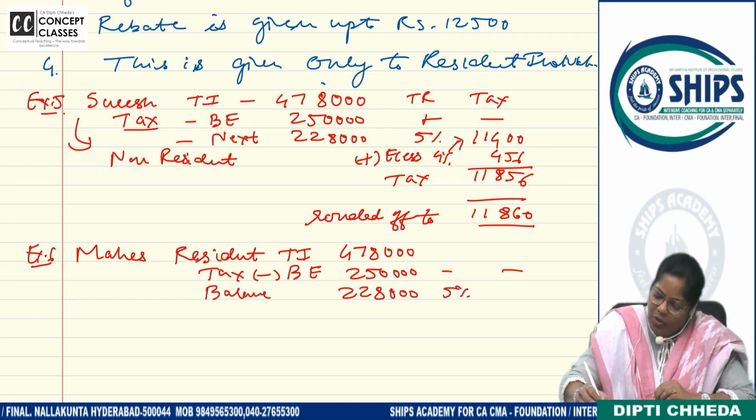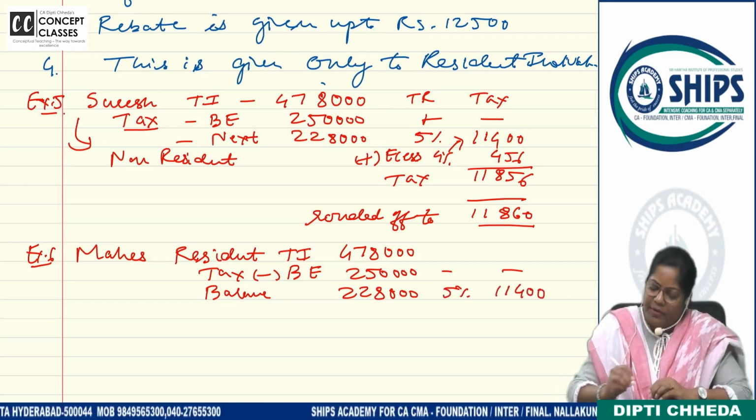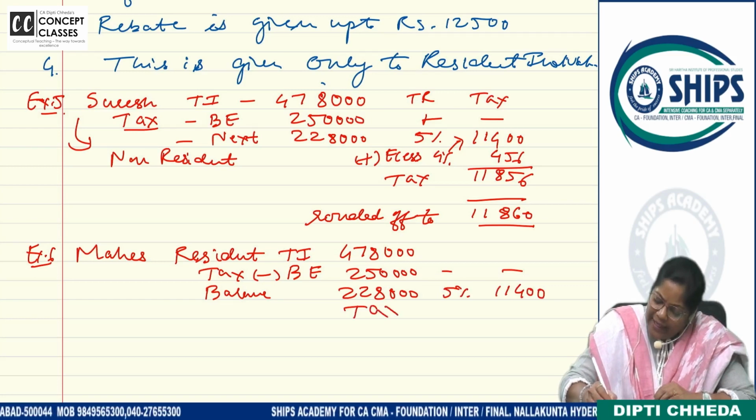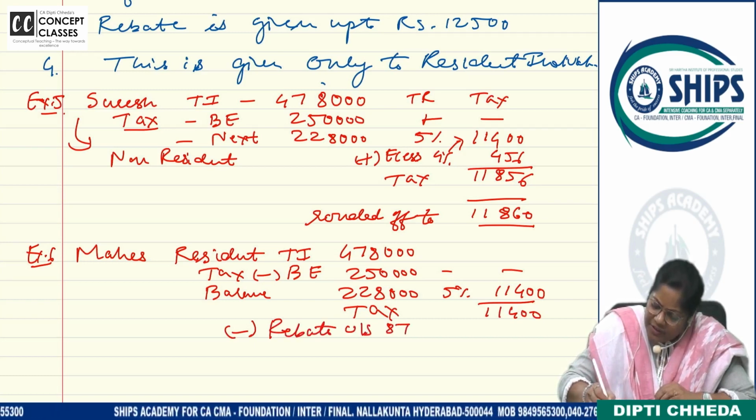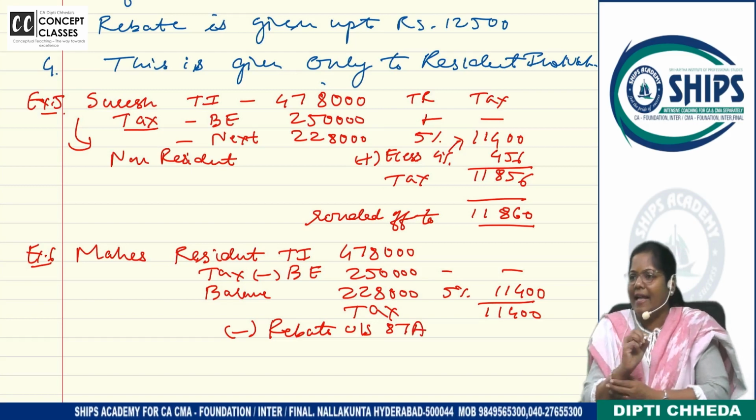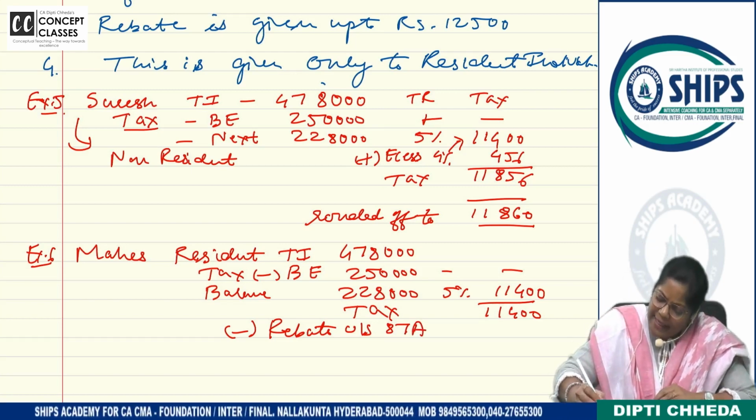That is coming to how much? 11,400. So now tax is 11,400 minus rebate under section 87A. How much rebate will you give?